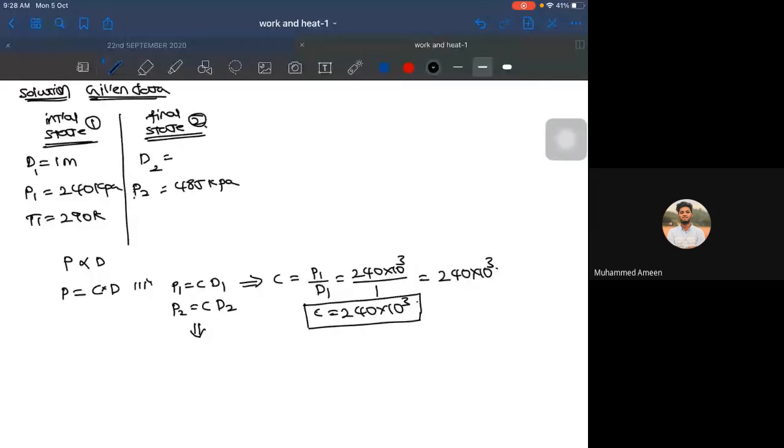So once I got the value of the constant, using this correlation, I can find the value of D2. So D2 is equal to what? P2 divided by C. So final pressure, I know it as 485 into 10 to the power of 3, which is kilo, and the value of C I have just calculated. It is 240 into 10 to the power of 3.